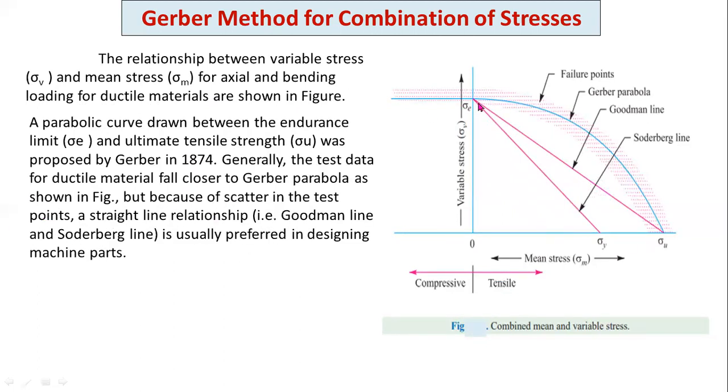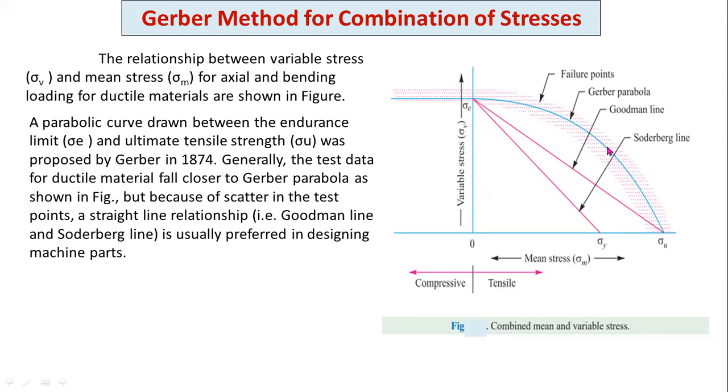A parabolic curve is drawn between the endurance limit sigma e and sigma u, the ultimate tensile strength. This parabolic curve was proposed by Gerber.